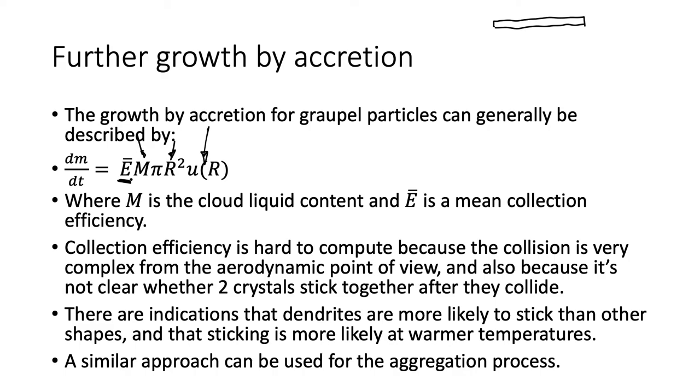Now, there are many complications to this, because the collision is not as straightforward as you would possibly imagine. Collision between two liquid droplets is kind of easy because these are spheres, and so no matter how you turn them around, they're always going to look like spheres. With ice crystals, if you have a plate that has the shape, and with another, let's draw it like this.